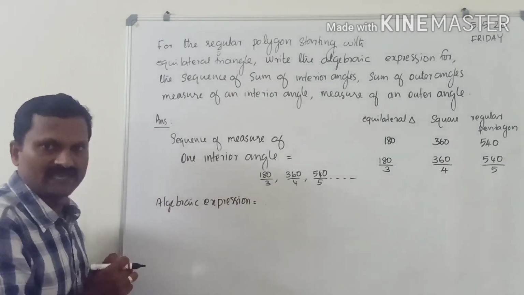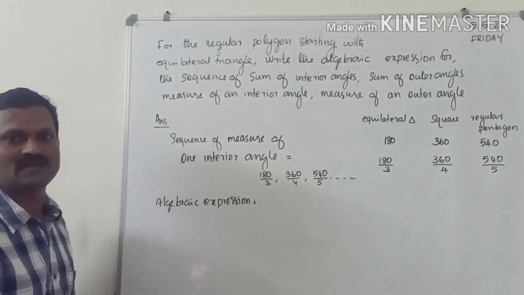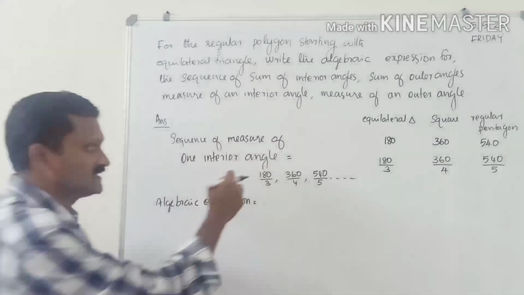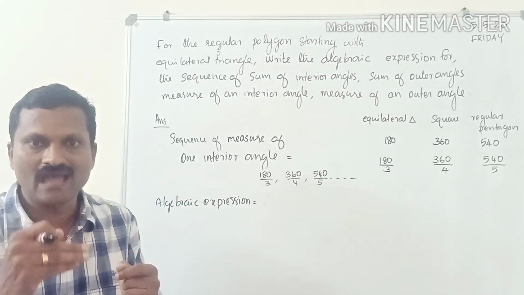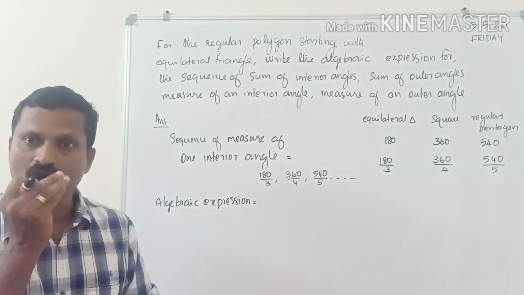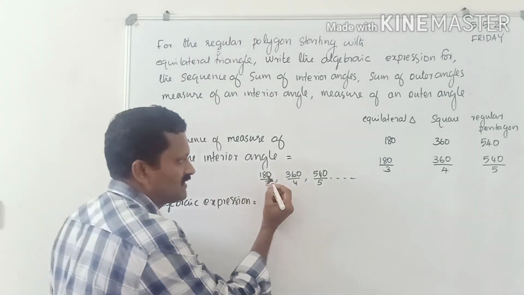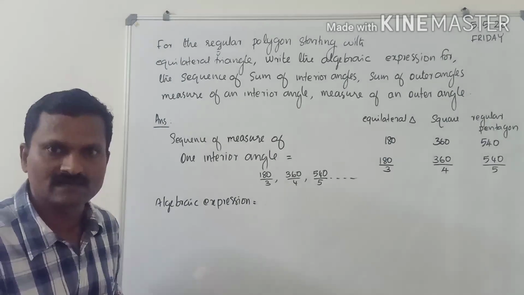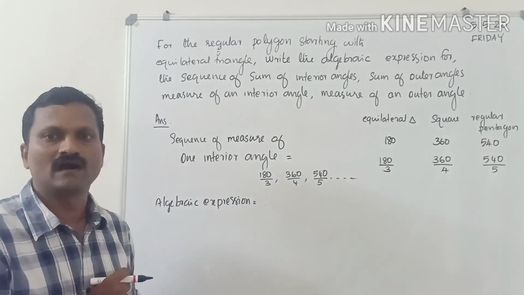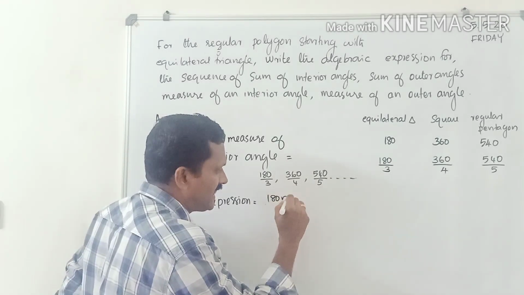Algebraic expression means how these terms are related to natural numbers. Here terms are fractions, so there are numerator and denominator. How the numerators are related to natural numbers? Numerators are 180, 360, 540, etc. These all are multiples of 180, that is 180n.